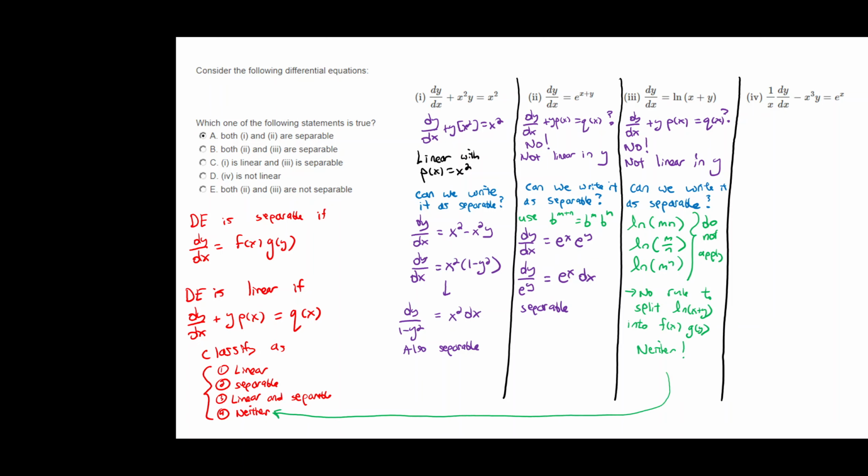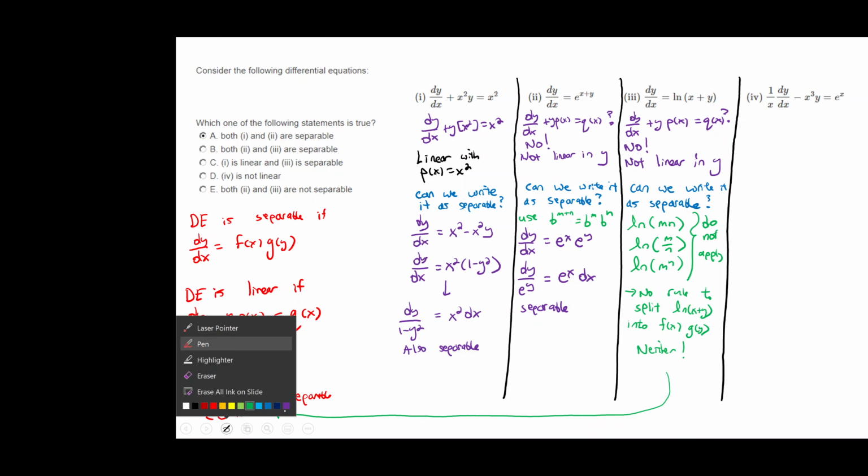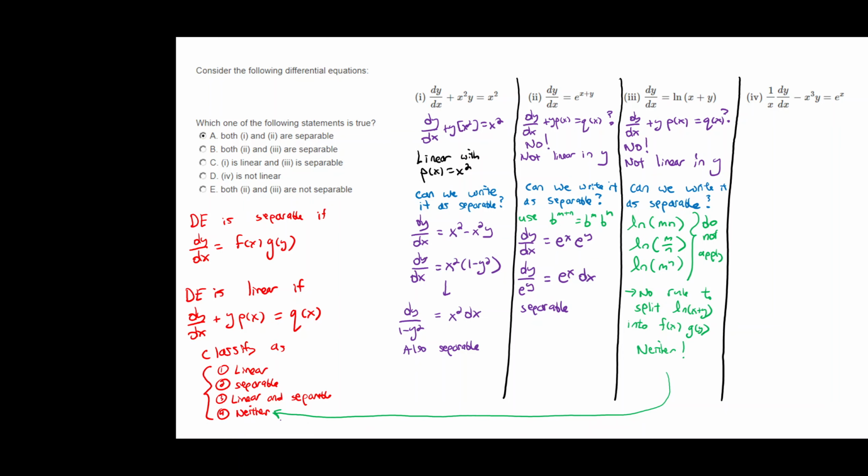Okay. And then the last one, is it linear? Is it separable? Let's see. Can I write it in that standard form? First, for linear, it looks like it's close. I'm going to multiply both sides by x. So multiplying everything by x, I get dy by dx minus x to the power 4 times y is equal to x e to the x.